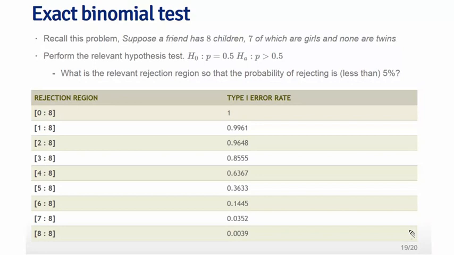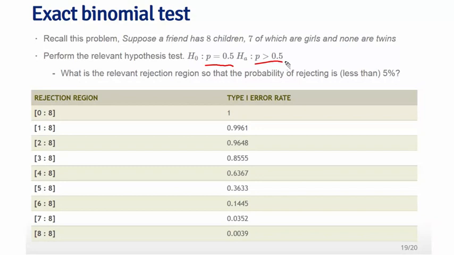So you want to test the null hypothesis that p, the probability of a girl, is 0.5 versus the hypothesis that it's greater than 0.5, because you're a little skeptical. Your friend had 7 girls out of 8 children.